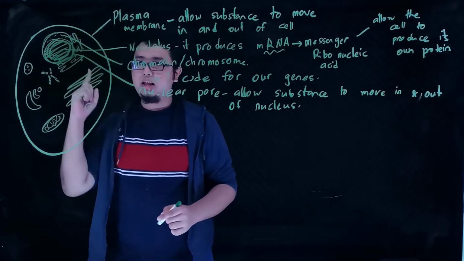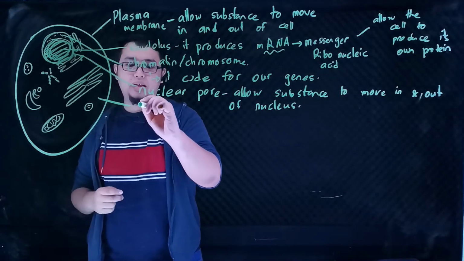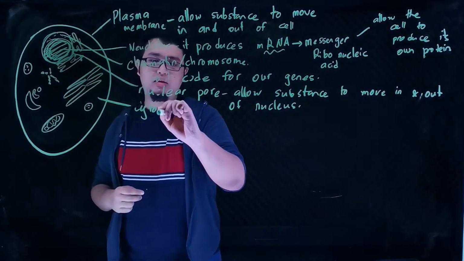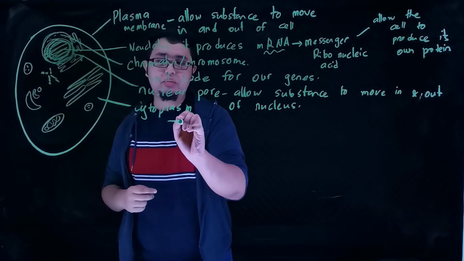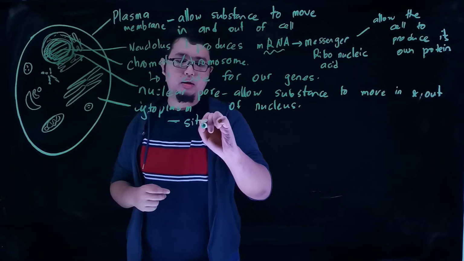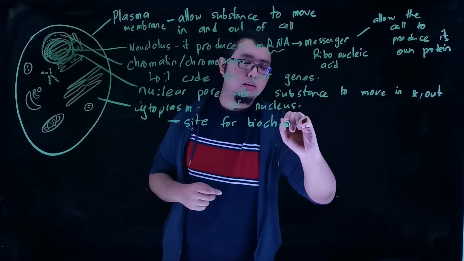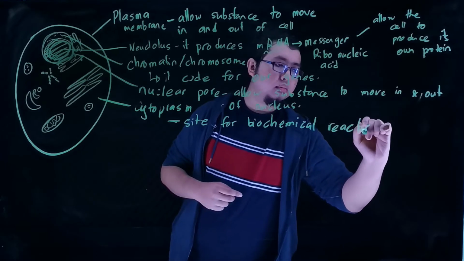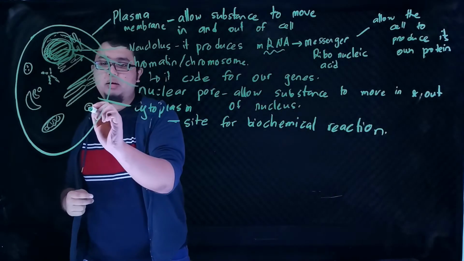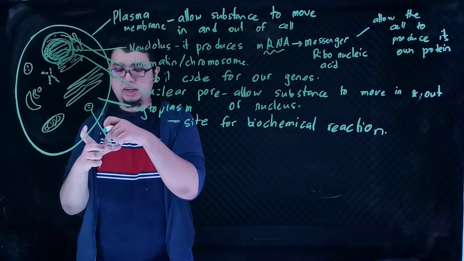Okay, next, let's go to our other structures. We have the cytoplasm. This is something that you studied during your Form 2. This cytoplasm is the site for biochemical reactions. And then something that is circular and has dots in it.